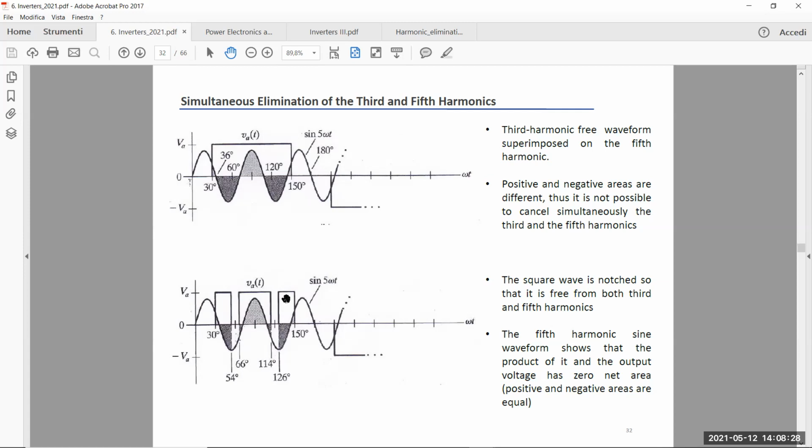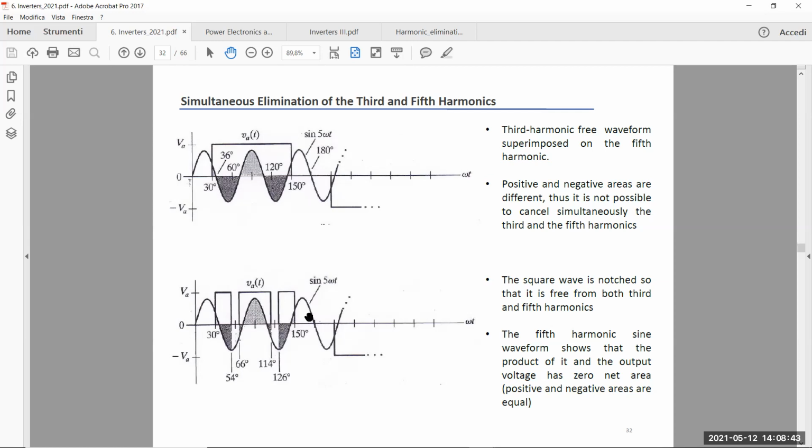If I want to eliminate more harmonics, the third, the fifth, and the seventh, and maybe the 11th, etc., I have to introduce a lot of notches.